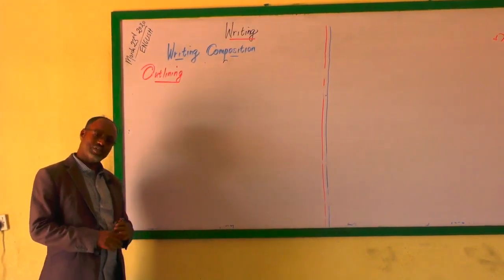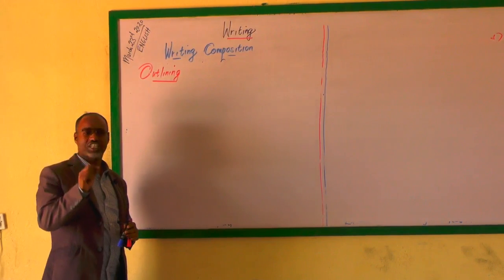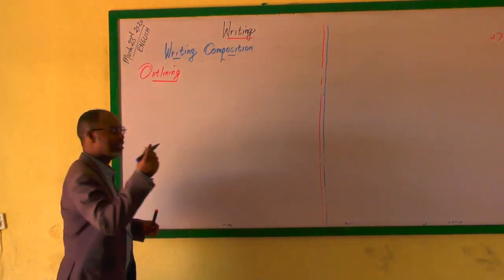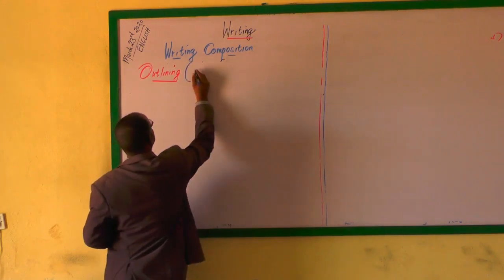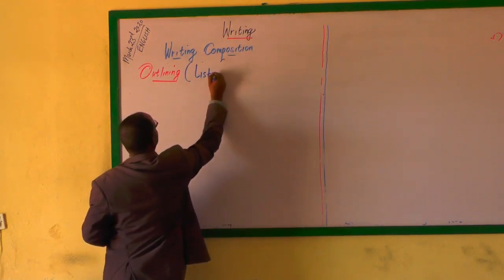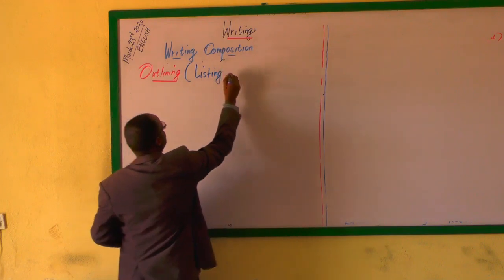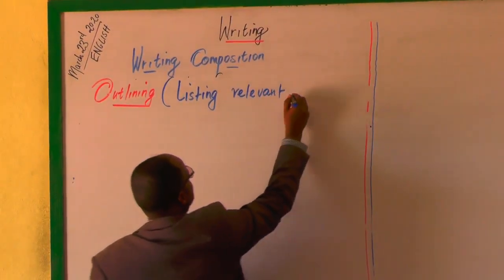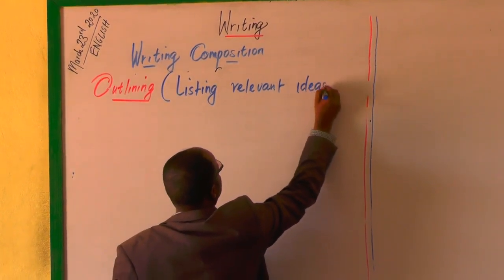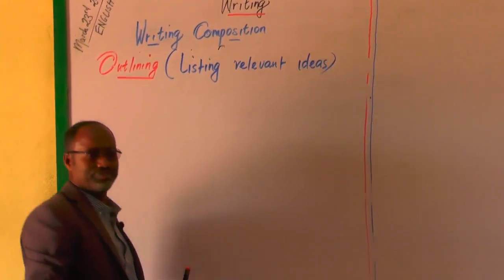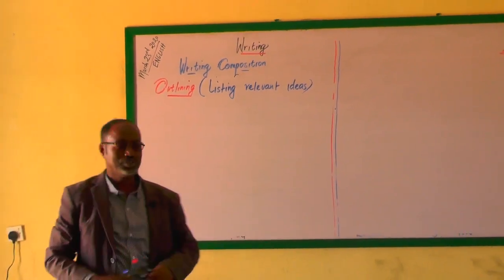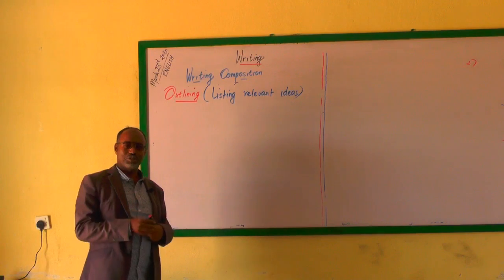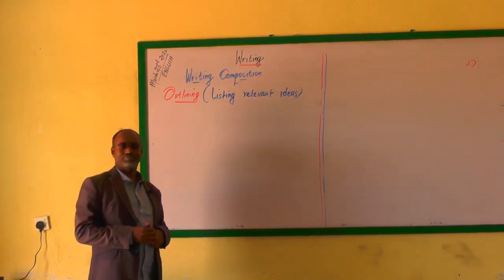As we said, outlining is just listing ideas, listing relevant ideas. Well, in this, we are using, as an example, this topic.